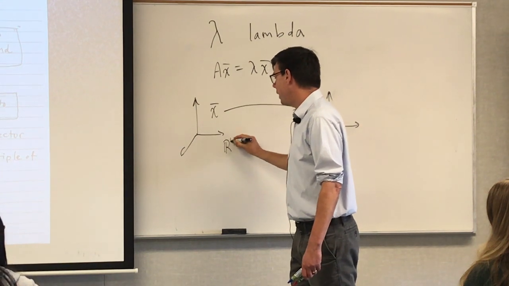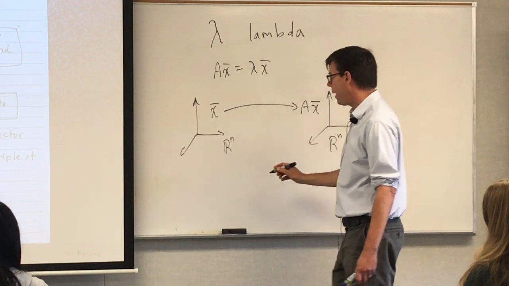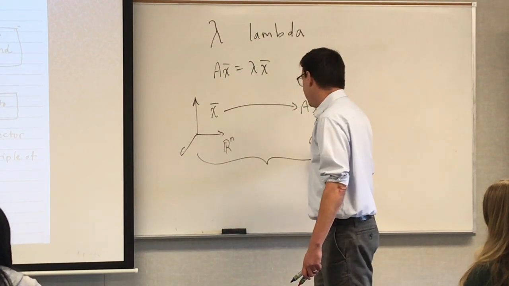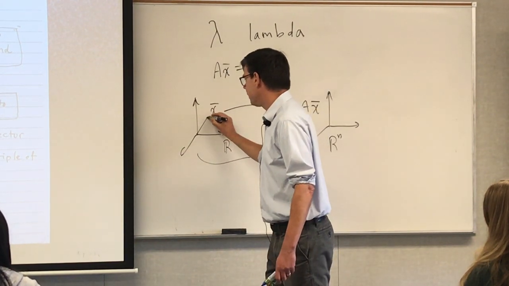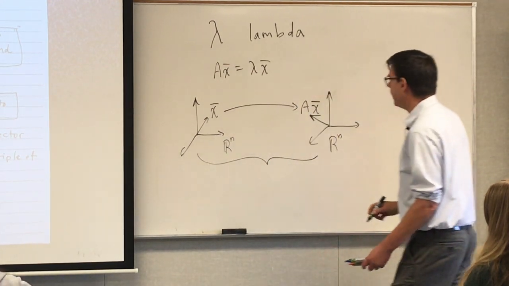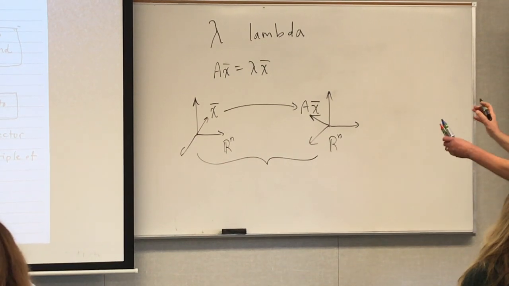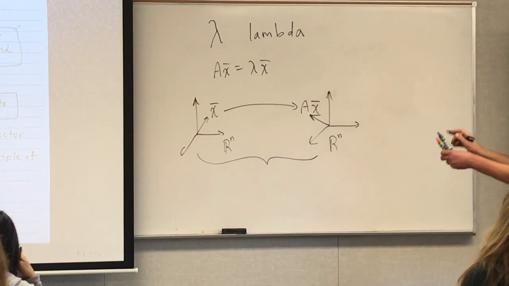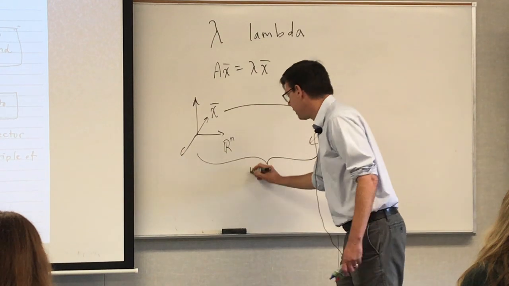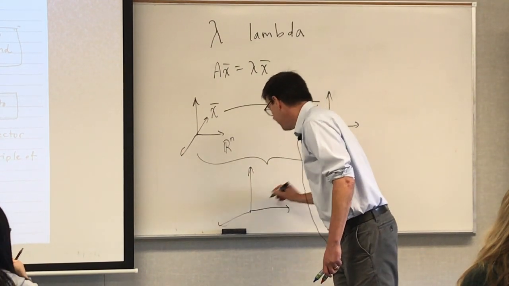And if A is square, we're going from Rn to Rn. And so let's put a little x in our picture and maybe an Ax over here in the image space. When the domain and the codomain are the same, a lot of times we just imagine one copy of Rn.